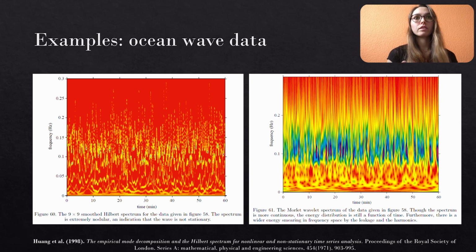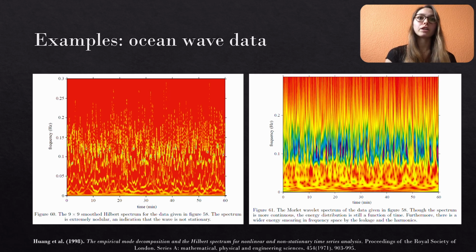So where do these differences come from, and which spectrum is more physical? The rather continuous energy distribution across the whole field of possible frequencies and the smooth appearance of the wavelet spectrum actually point to a drawback that arises from the Fourier basis. You hopefully remember that the Fourier transform uses a basis system of sines and cosines.